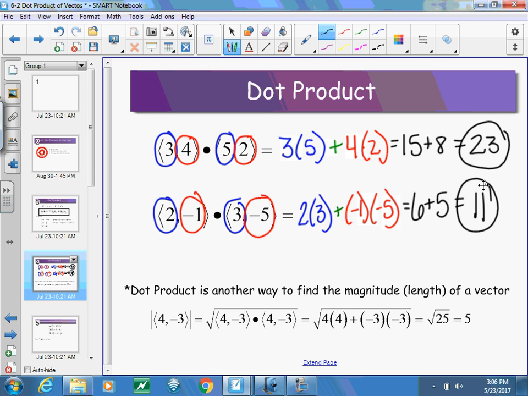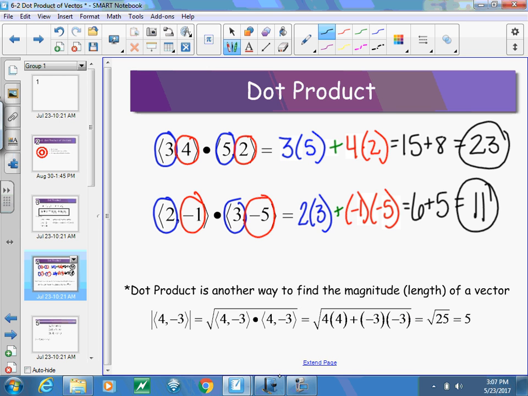Now, when you are finding the dot product, it is really another way to find the magnitude, or what we've been talking about as the length of a vector. When you're trying to find the magnitude of a vector, so 4 comma -3 here, we would do our a squared plus b squared equals c squared.